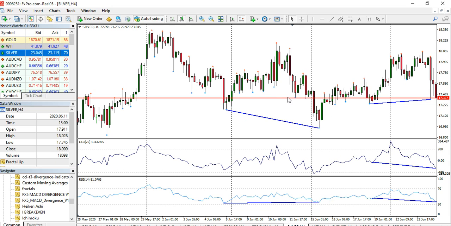Once you have the divergence, get into the market, right? And then you just enter buying, and you're getting in right at the turning point. And if you can see here, you have a wick to the downside, right? So this was extra confirmation that the bulls are taking over, and they just begin to push price up.